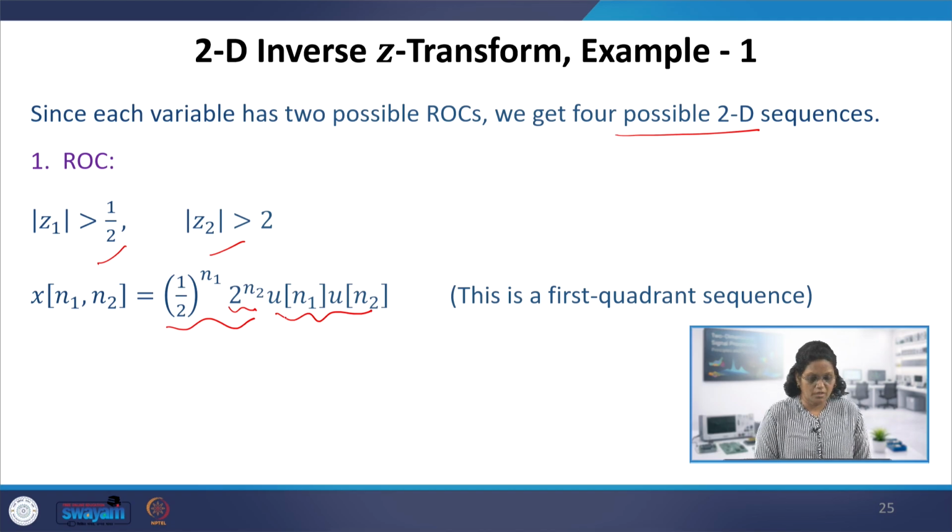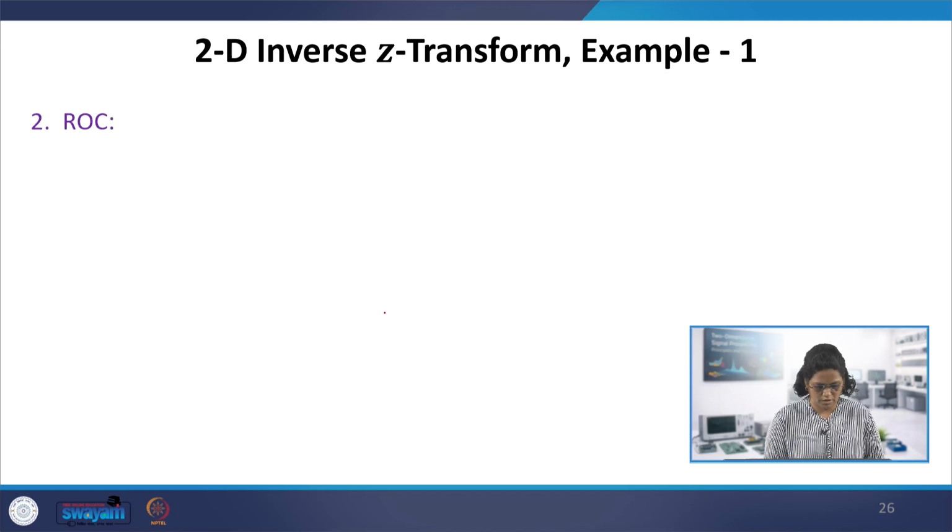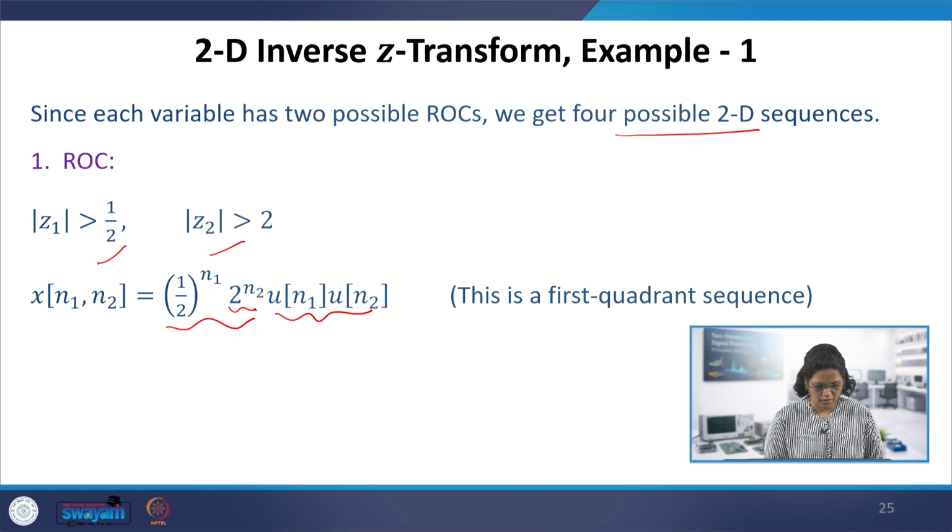It is a separable sequence, and we can write this as half power n1 into 2 power n2 u of n1 comma n2. So this is one sequence.